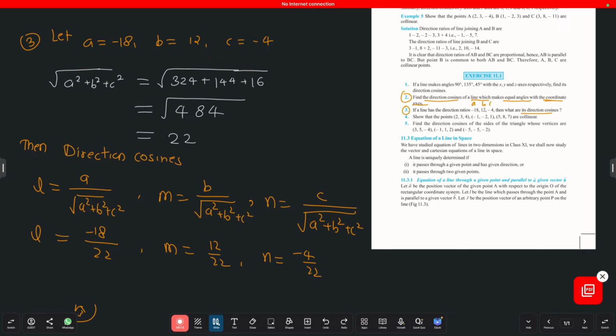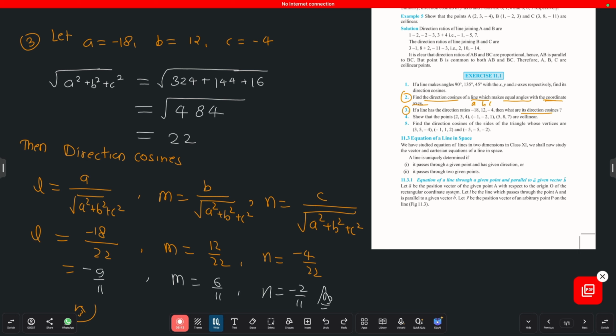You can simplify again: minus 9 by 11, 6 by 11, and minus 2 by 11. These are the direction cosines.